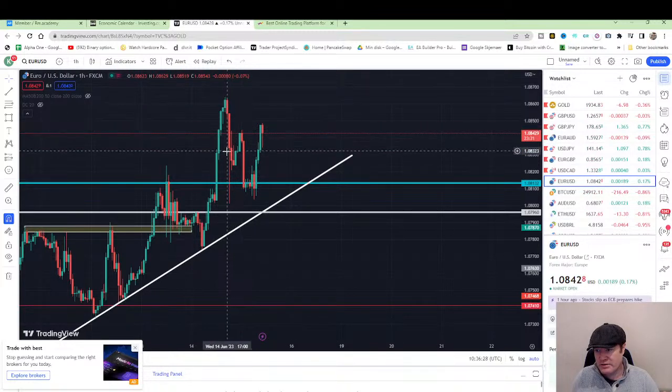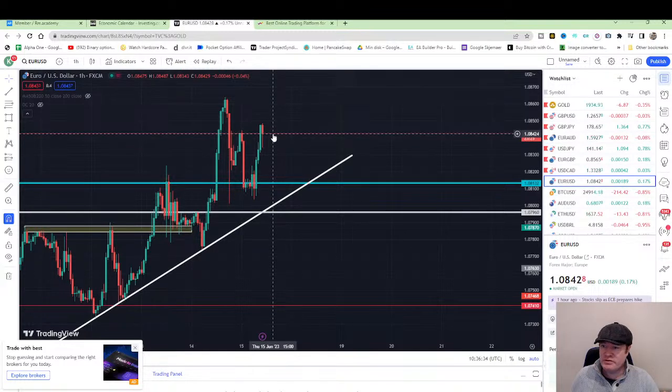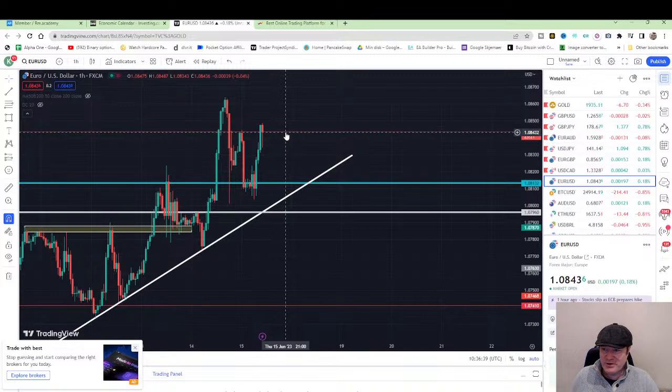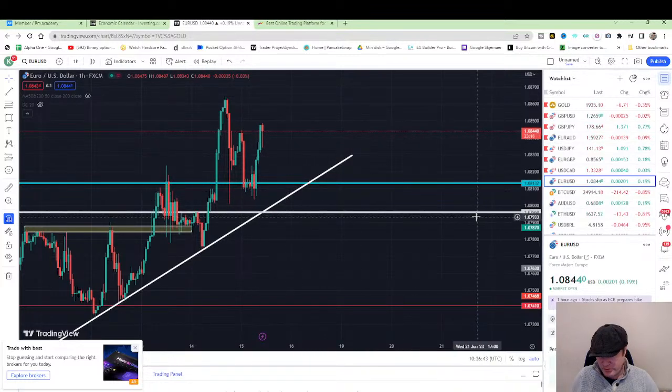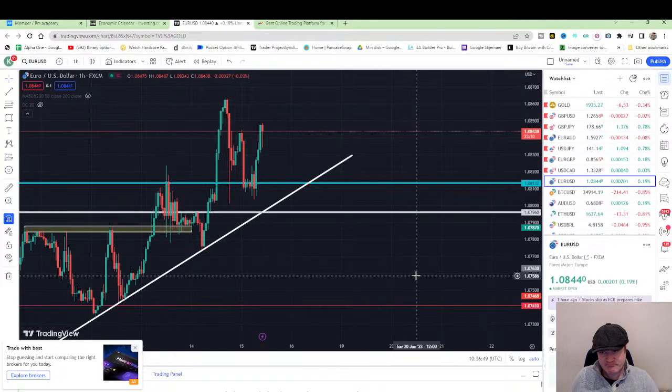You see, broke easily here, we broke easily here, and we broke easily here. So this support here, resistance, no support, is not that strong. So I don't believe that we can base anything on this support. But if I trade a support, resistance need to be strong, and this one here is not that strong.